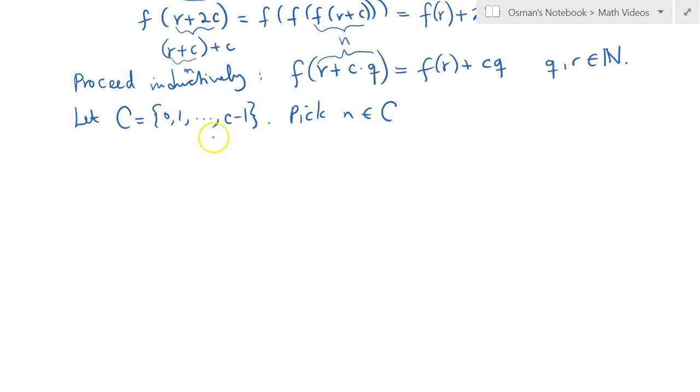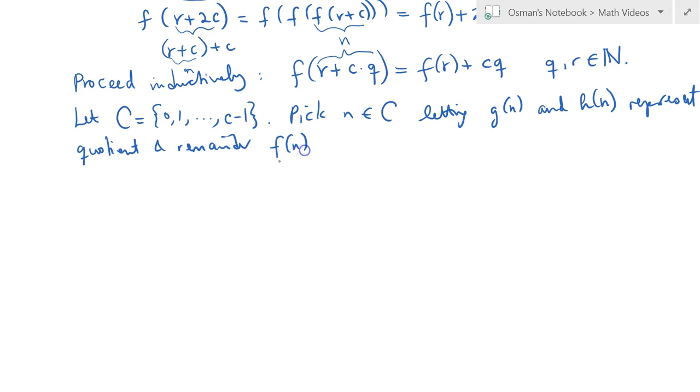n from this set, and also letting g of n and h of n, let's say, represent the quotient and the remainder when f of n is divided by c, we get this awesome result.